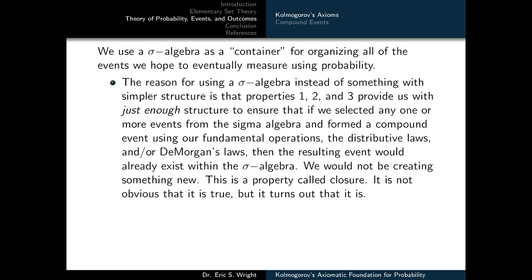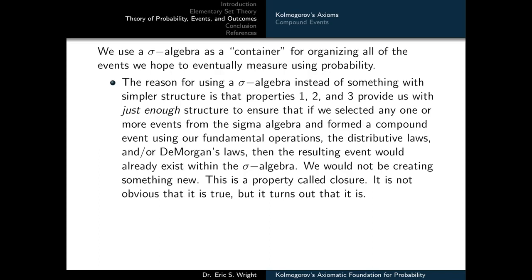The reason for using a sigma algebra instead of something with a simpler structure is that the three properties provide us with just enough structure to ensure that if we selected any one or more events from the sigma algebra and formed a compound event using our fundamental operations, union, intersection, complement, and relative complement, the distributive laws and/or De Morgan's laws, then the resulting event would already exist within the sigma algebra.